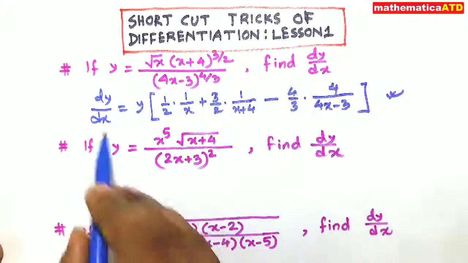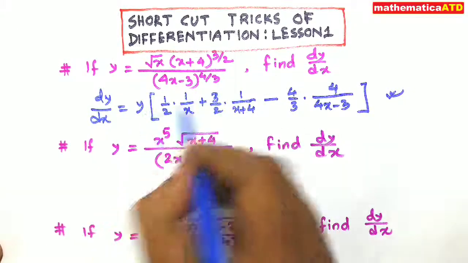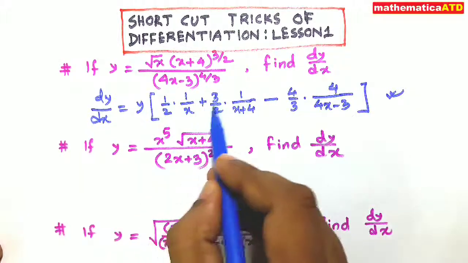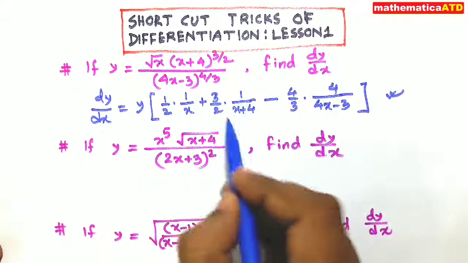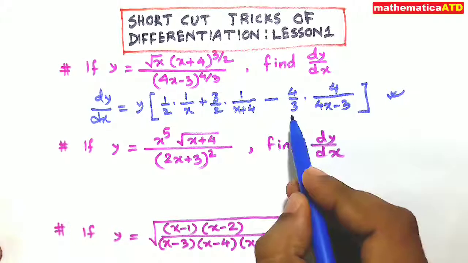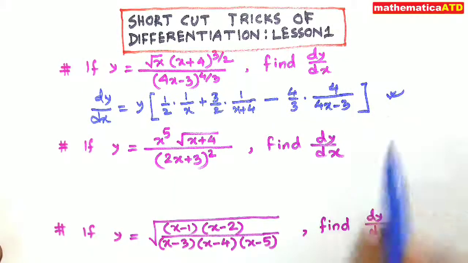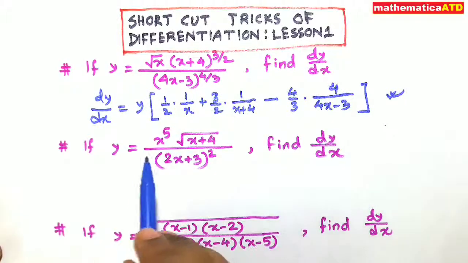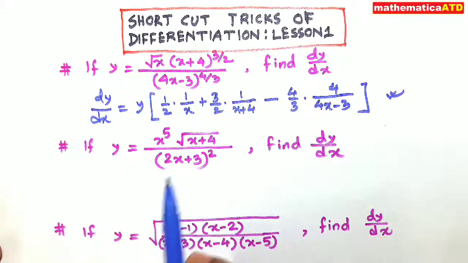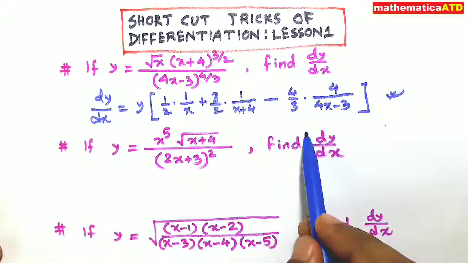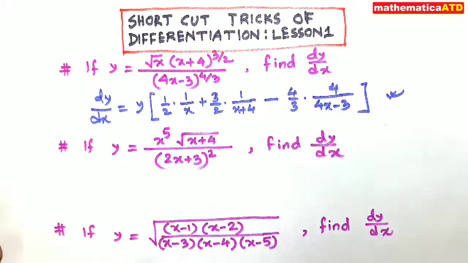Hence the result: dy dx is equal to y, or in place of y you can write this expression, into [1 upon 2x plus 3 divided by 2 into (x plus 4) minus 16 divided by 3 times (4x minus 3)]. This is the result. Since you are new here, you will take some time, but after some practice you will be able to solve these very quickly.